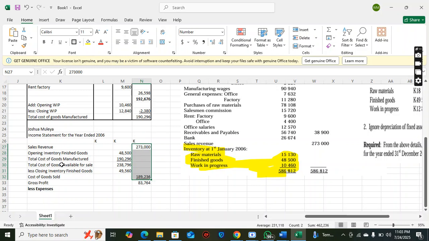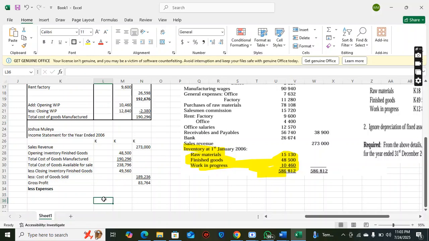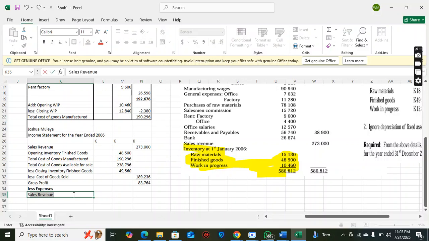Let me put here less cost of goods so that when you start. So we'll start with the salesman commission even here. The commission we're paying our salespeople.